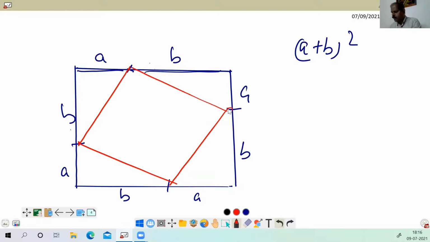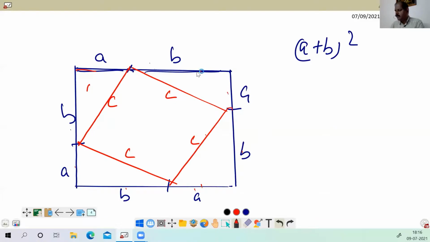So we have four triangles, right angle triangles with let the side of the square be C. So this is C, this is C, this is C, this is also C. So we have one right angle triangle here having base A, altitude B and hypotenuse C. Here also same triangle A, B, C. Here also we have A, B, C, A, B, C.